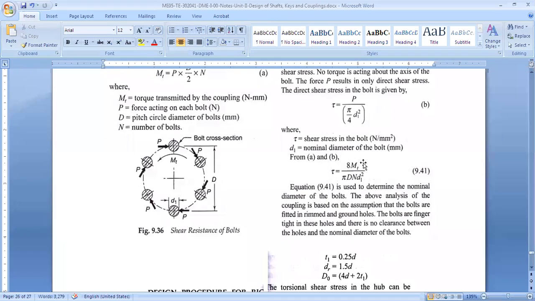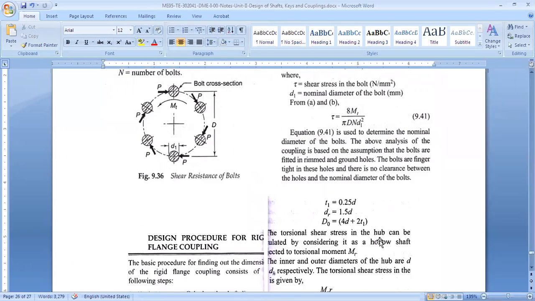Torque, we just found out using the power equation. Number of bolts, as I said, depending on the diameter D of the shaft, is 3, 4, or 6. d1 is the diameter of the bolt, and D is the pitch circle diameter. So we can design the nuts and bolts of a flange using this equation.